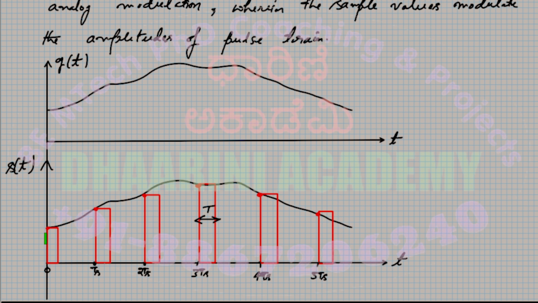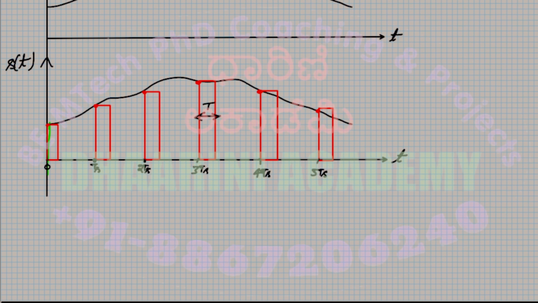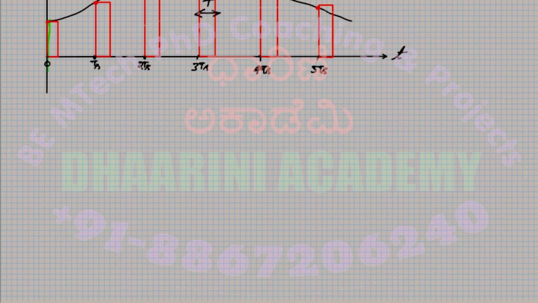Leading edge means where the signal amplitude goes high, so this particular side edge is called the leading edge. So every pulse amplitude will be decided by the leading edge of that pulse. Okay, so that's very clear now. So let's try to write a sentence about the same.